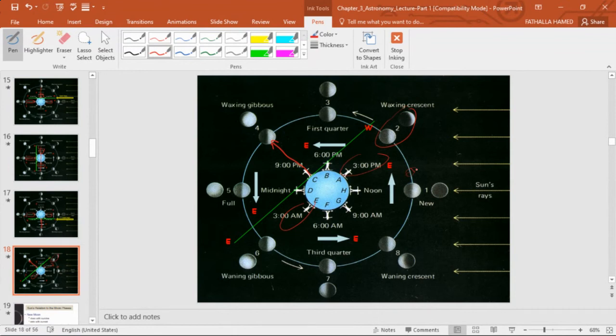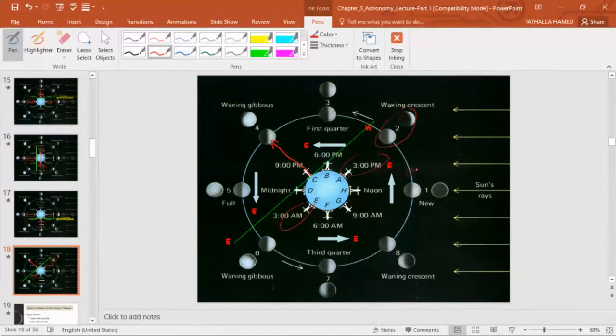So we talked about how the moon orbits the sun, and we talked about the sidereal period, which is 27.32 days, and we talked about the period from a new moon to a new moon, which is 29.53 days, and that's what we use to see the phases made by the moon in the sky.